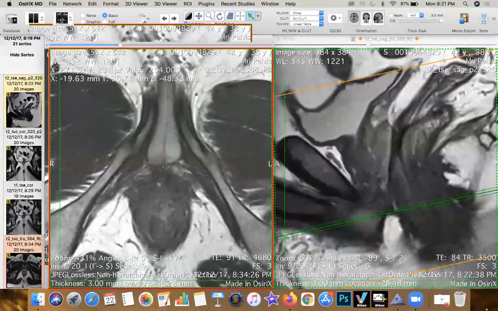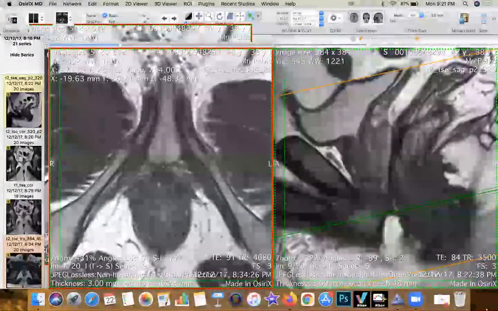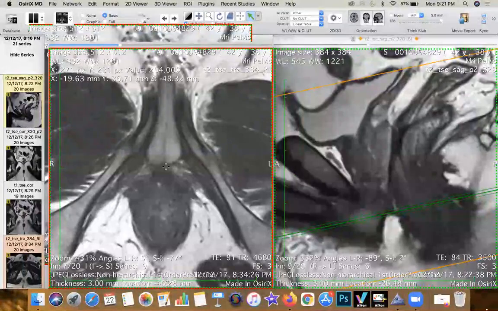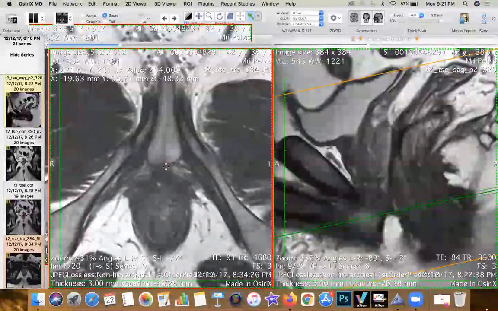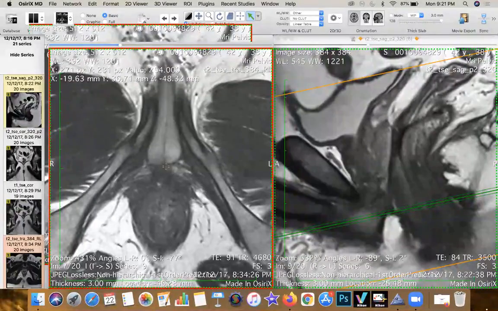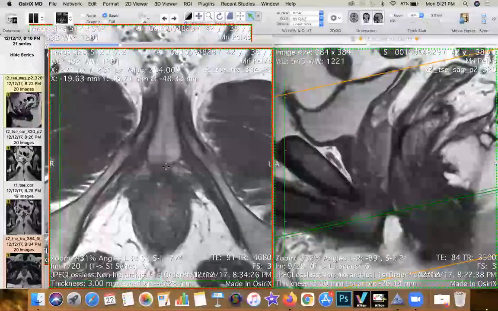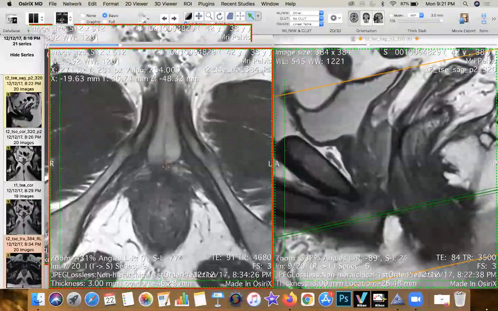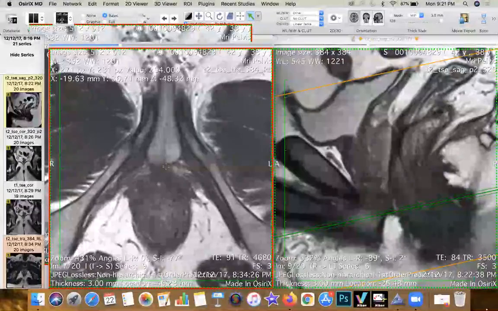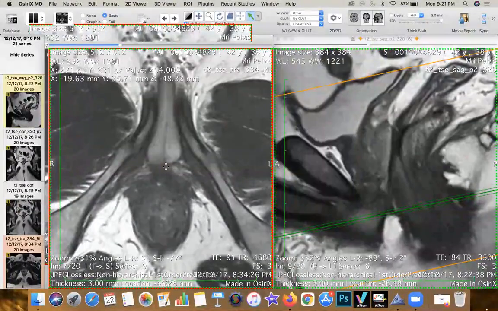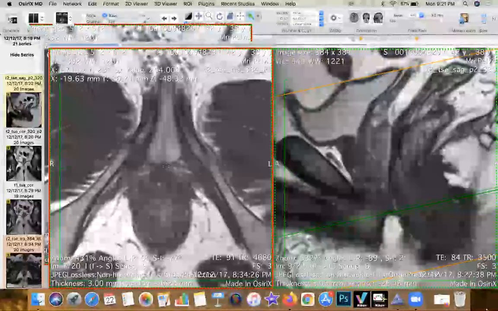What is located below the perineal membrane is called the superficial perineal pouch or the superficial perineal space. So to get that again, very important to remember: urogenital diaphragm, perineal membrane. What is located above that is the deep space. What is located below that is the superficial space.